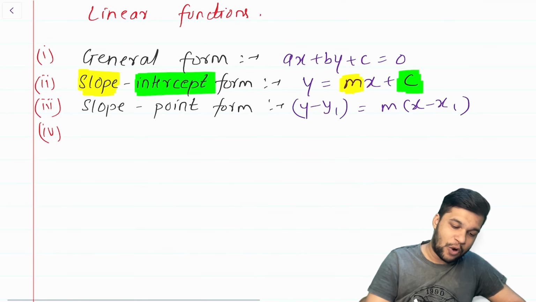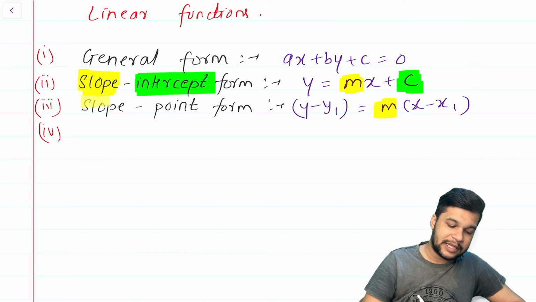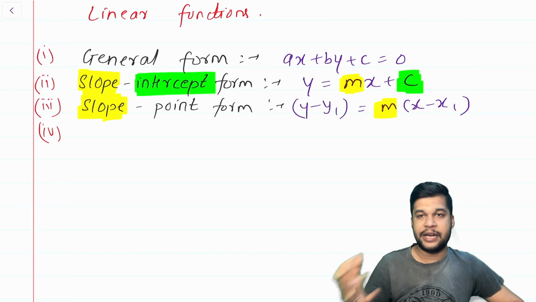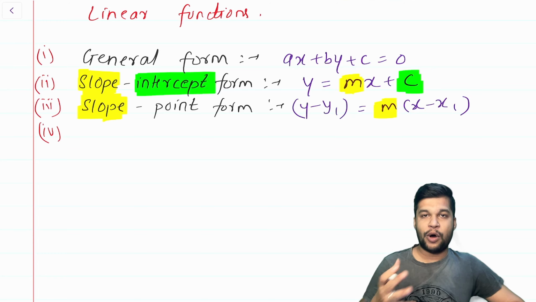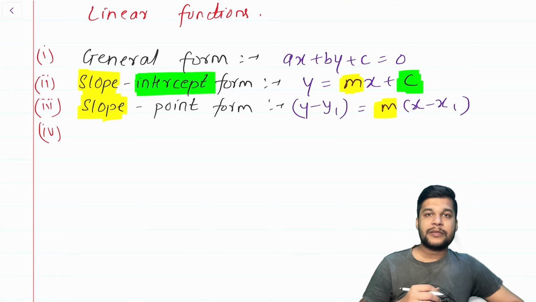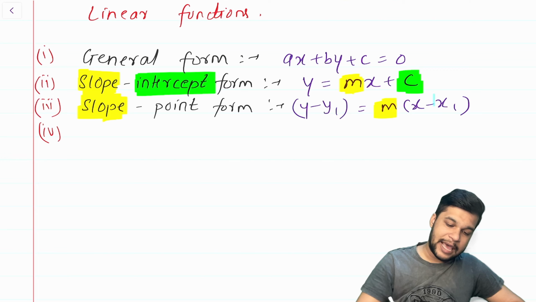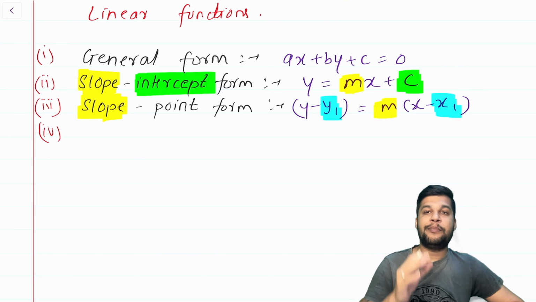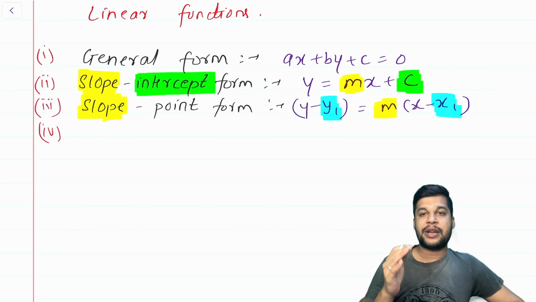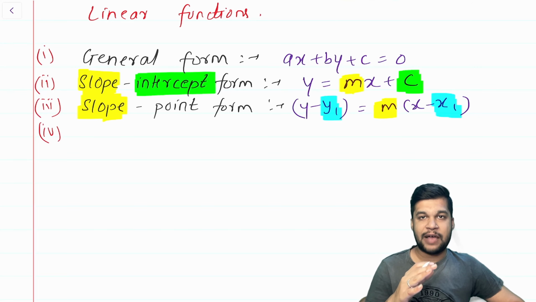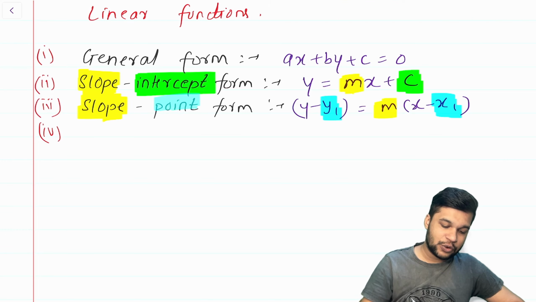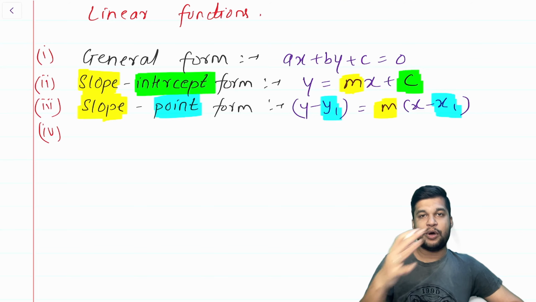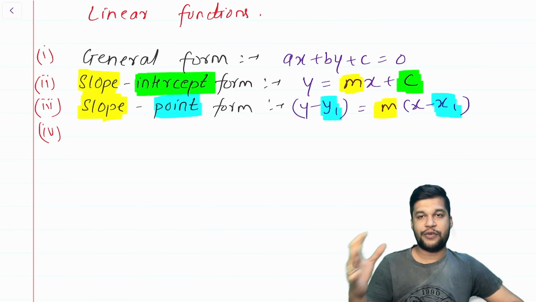Again, if you observe, m is the slope, or we call it gradient as well, whatever you call it, and x1, y1 is the point from where the straight line is passing. So since we have a slope and a point, we call it slope point form, or you can call it gradient point form, whatever you want to say.